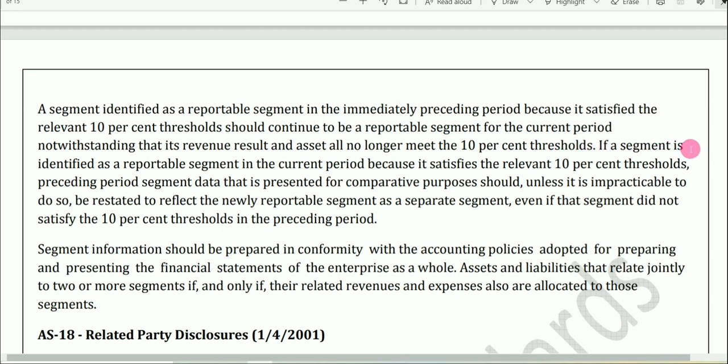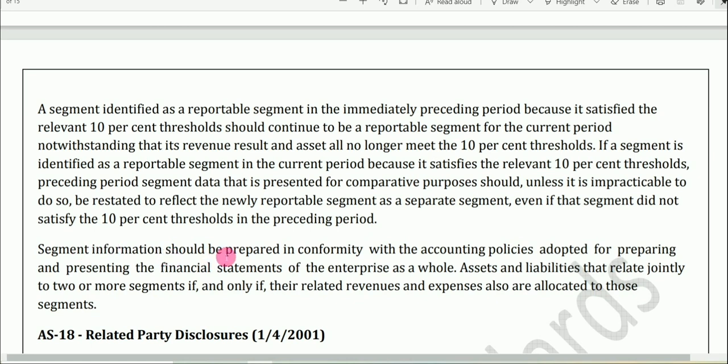If a segment is identified as a reportable segment in the current period because it satisfies the relevant 10% thresholds, preceding period segment data that is presented for comparative purposes should, unless it is impracticable to do so, be restated to reflect the newly reportable segment as a separate segment, even if that segment did not satisfy the 10% threshold in the preceding period.